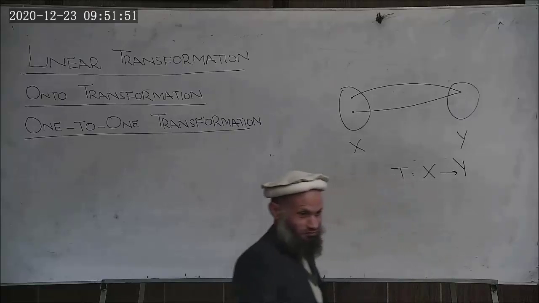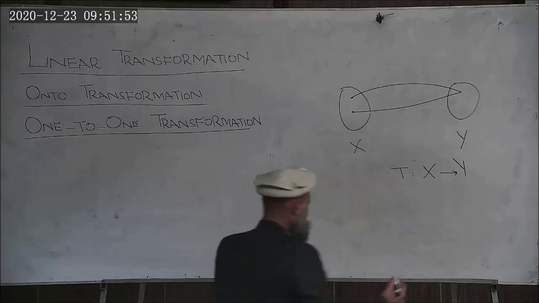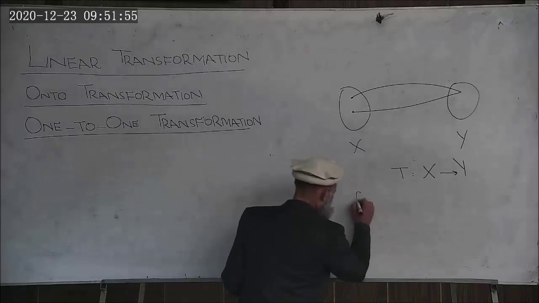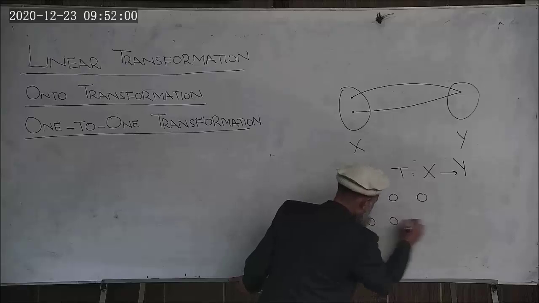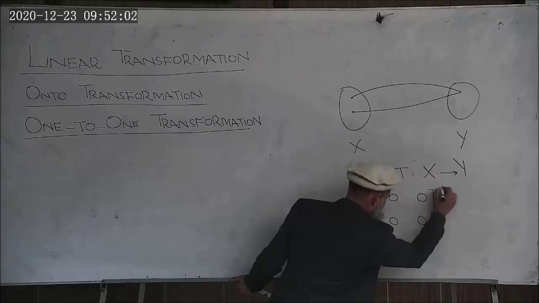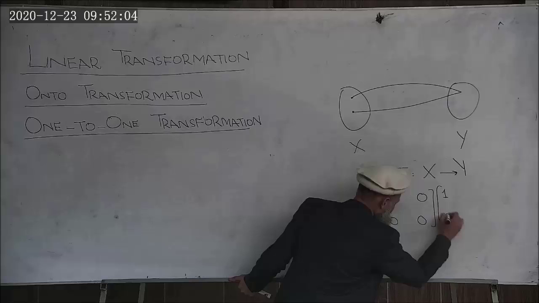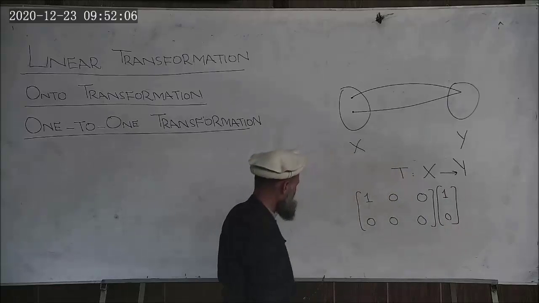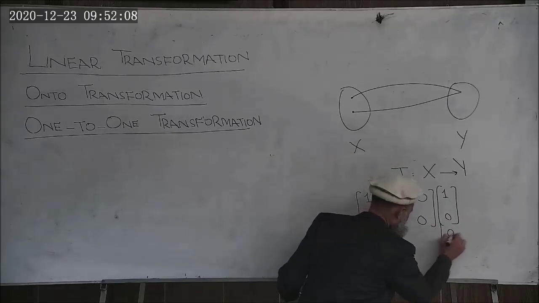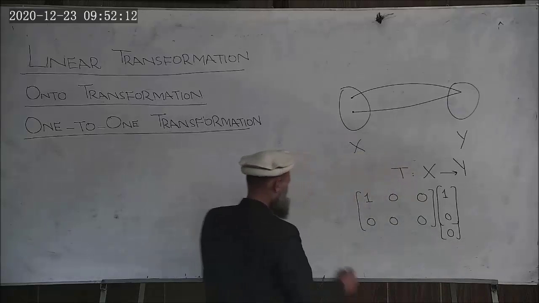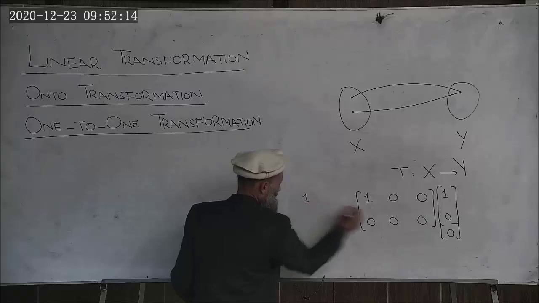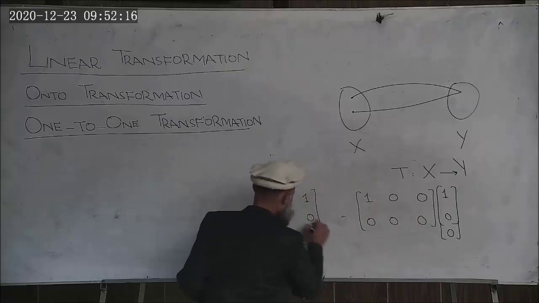Can you give some examples? For example, if we have this transformation, then this vector, where does it map? Here the third component as well. Where does it map? This 1 and 0.